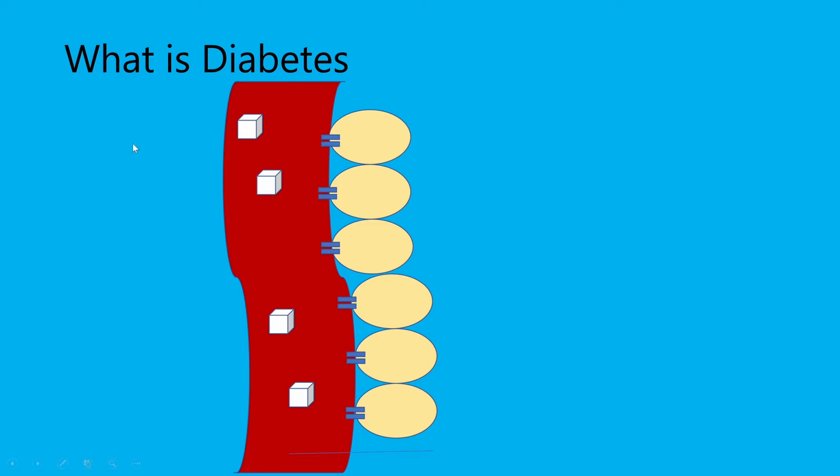Here I have this in the form of sugar cubes, but really it's glucose molecules that are broken down from carbohydrates, which is things like rice and different things that contain sugar, like maybe candy. And so when someone eats carbohydrates, they go into the blood in the form of sugar. And the sugar is what allows cells to do their basic functions.